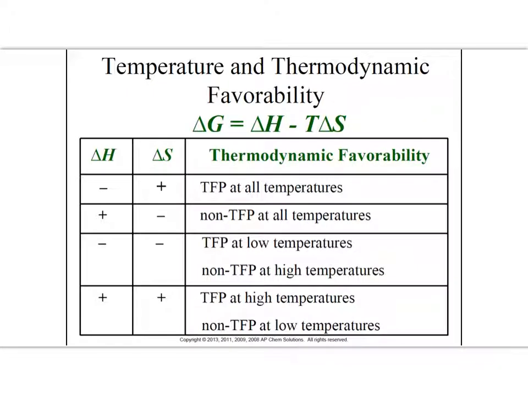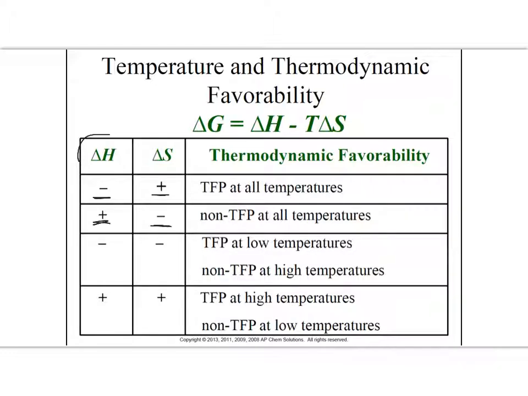So here are some trends to think about, right? Temperature and thermodynamic favorability. Basically, here's the deal. If delta H is negative and our entropy is positive, we're going to have thermodynamic favorability all the time, no matter what temperature it is. However, if delta H is positive but our entropy is negative, we're going to have not thermodynamically favorable.